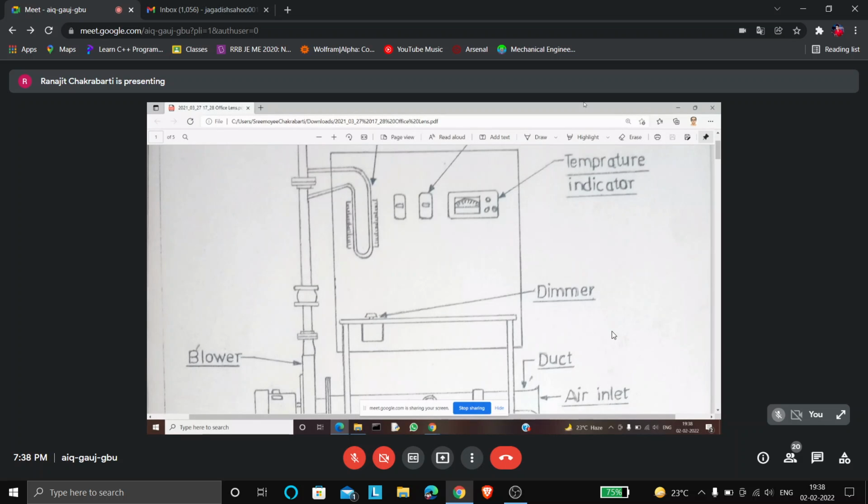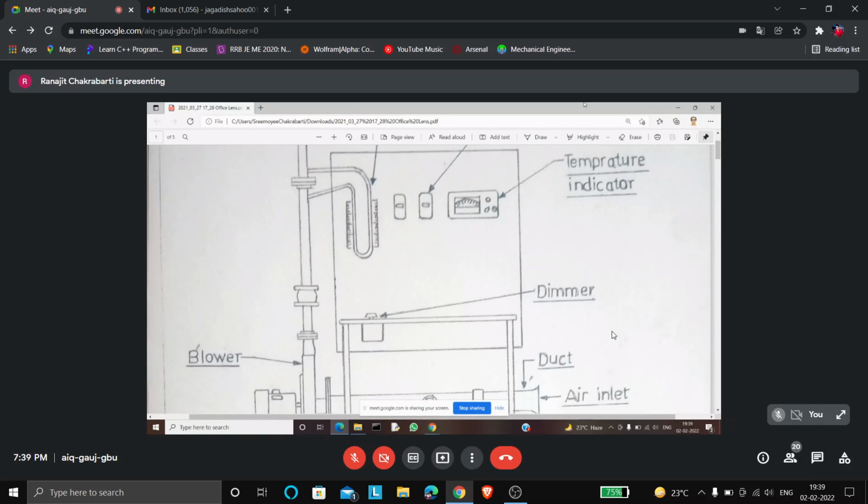When you keep the two junctions at different temperatures, an EMF is created, which is very low, and a very low current flows through the circuit.